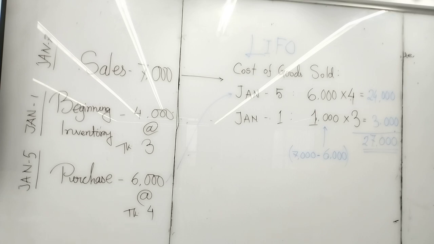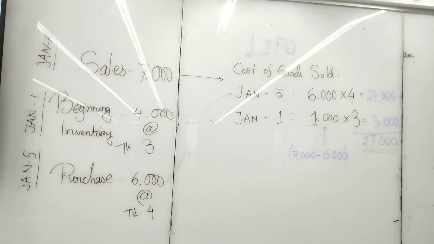So we have taken that full, which amounted to 24,000, and finally the remaining 1,000 units will be taken from the beginning inventory, as we are considering last in, first out. So it will amount to 3,000 taka, and by adding that we are getting 27,000 taka as the cost of goods sold.